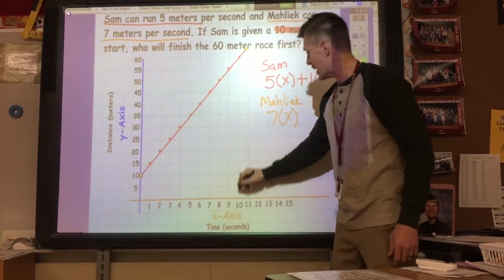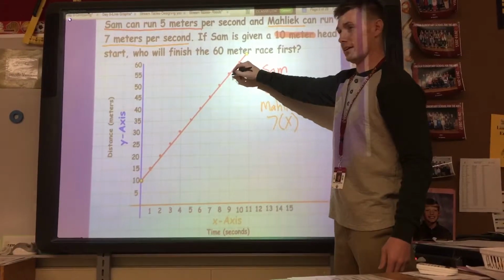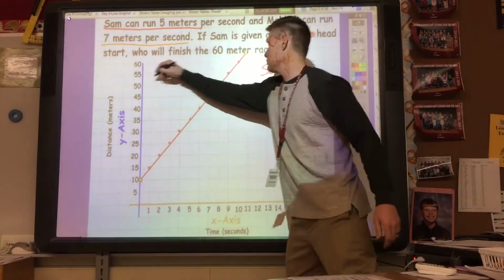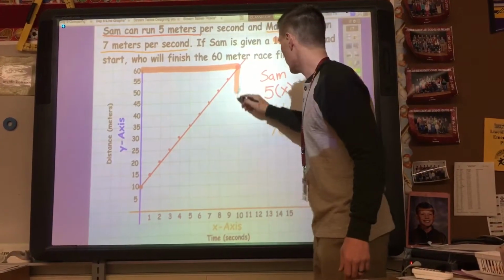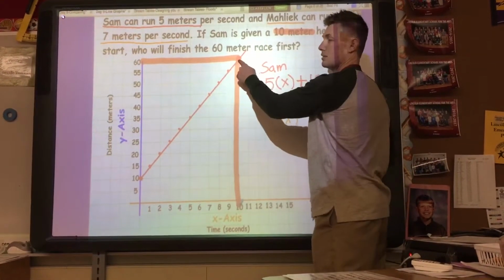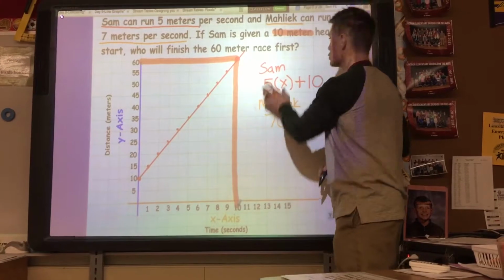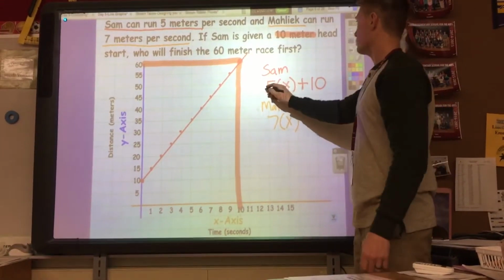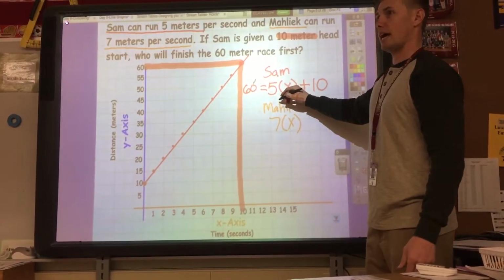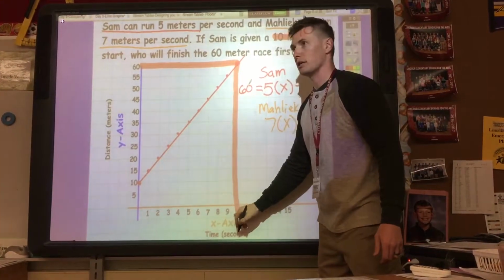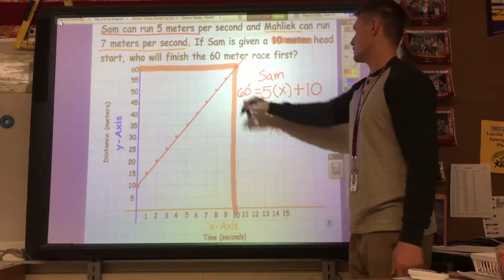It takes 10 seconds right here to meet 60 meters. And we find that by using our highlighter tool. We'll just highlight where this graph meets 60. And it's right at 10 seconds. So I know now that Sam was at 60 meters when x was 10. Plugged in 10, I get out 60.